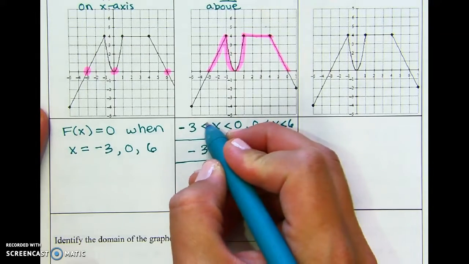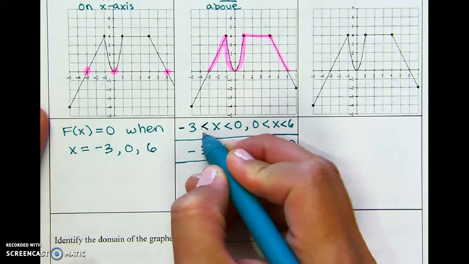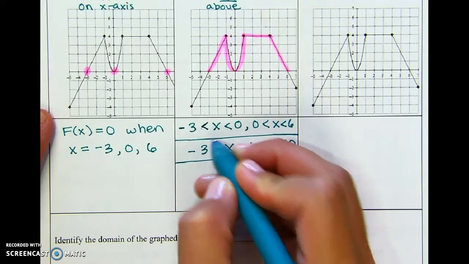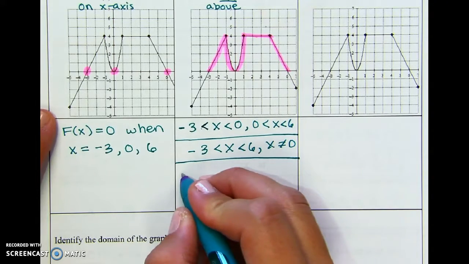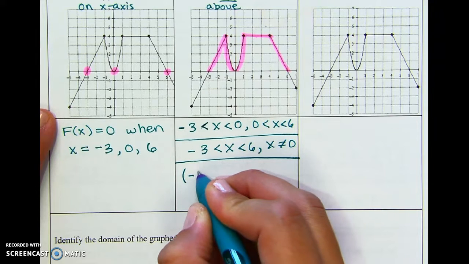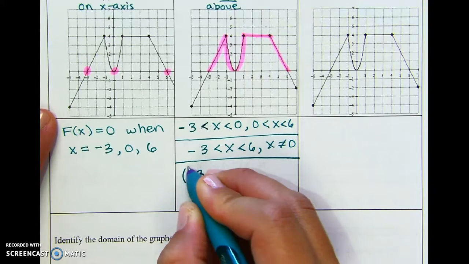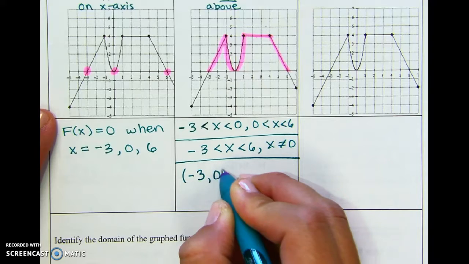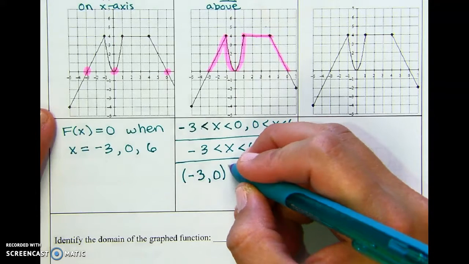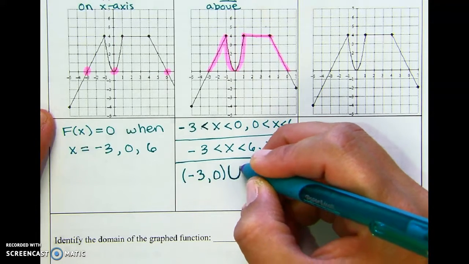So when we have a less than without the line underneath it, what do we use? Do you remember what symbol we use? It's going to be the parenthesis. So we're going to say from -3 to 0, make a fat U like that.